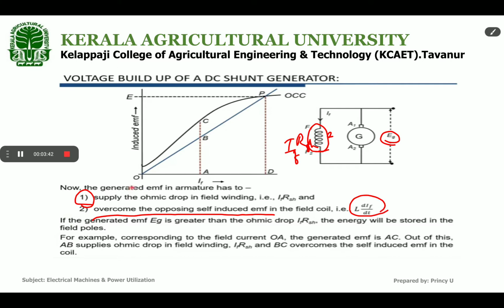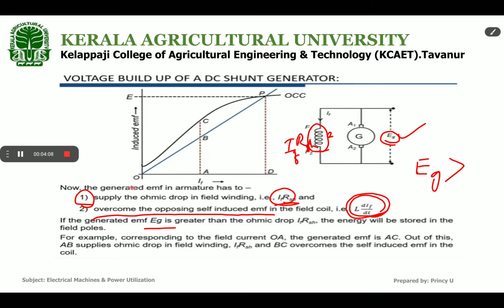So the produced EG has to supply these two values. If the generated EMF EG is greater than the ohmic drop IF RSH, then energy will be stored in the field poles.